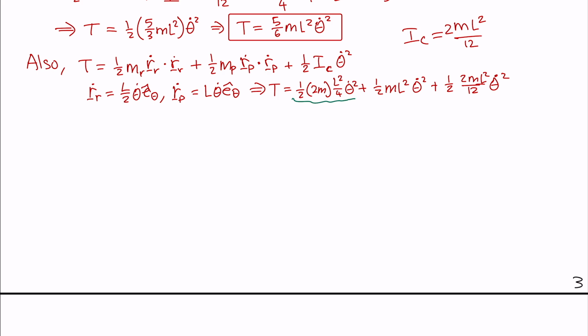So this first term here is the translational kinetic energy for just the rod by itself. This middle term is the translational kinetic energy for the particle, or for that point mass. And then lastly, this is the rotational kinetic energy for the rod by itself, ignoring that it's pinned.